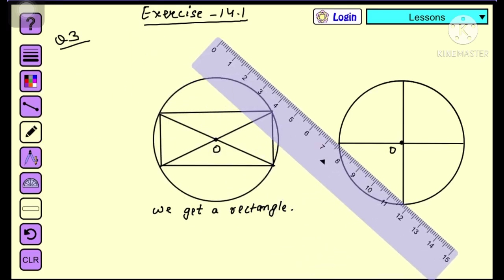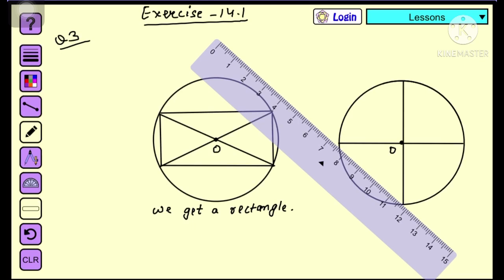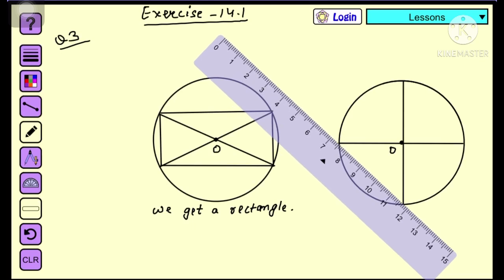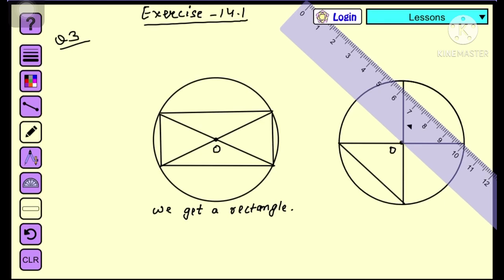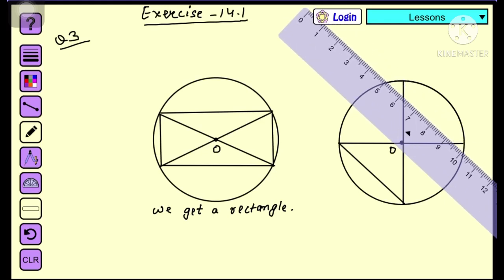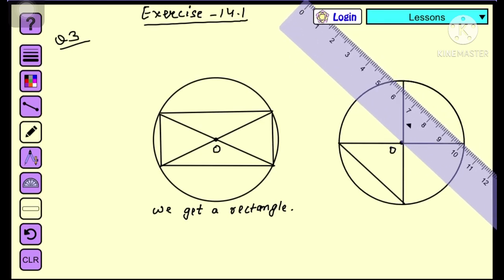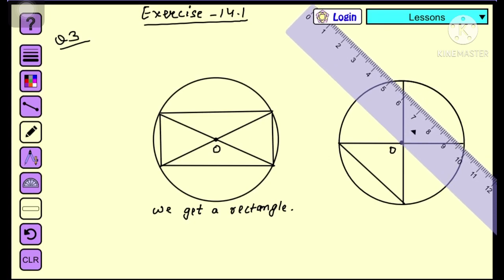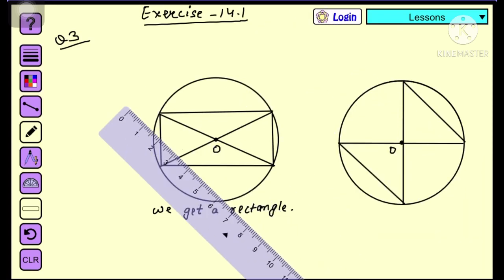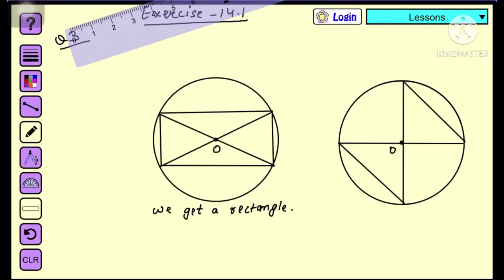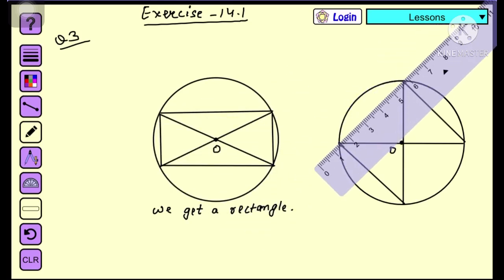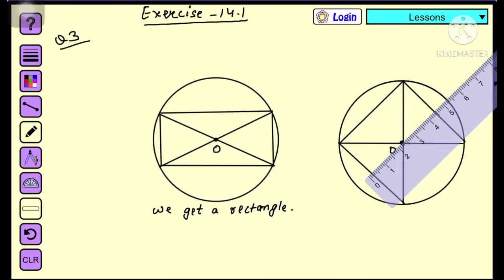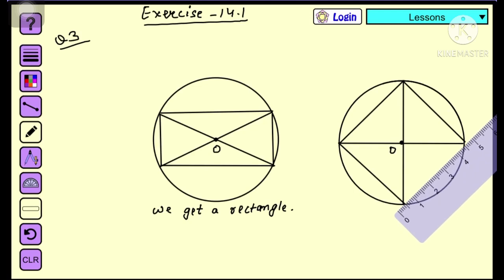Now you have to again join the ends of the diameters like this. Now again in the same way you have to join these two. And tell me what figure you have obtained.